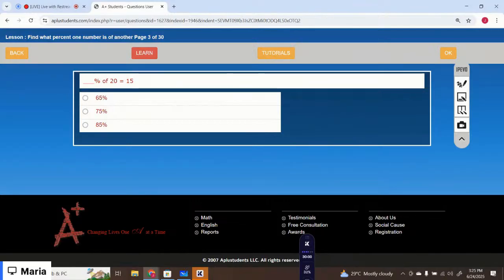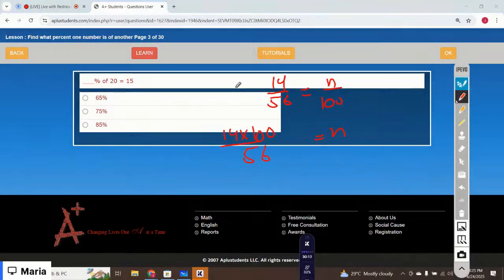What percent of 20 equals 15? 20 is the whole number, 15 is the part, right? That is 15 over 20 equals n over 100. So n equals 15 times 100 over 20. So which is the correct option?